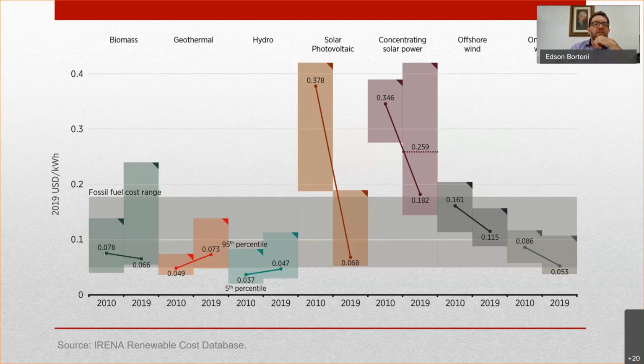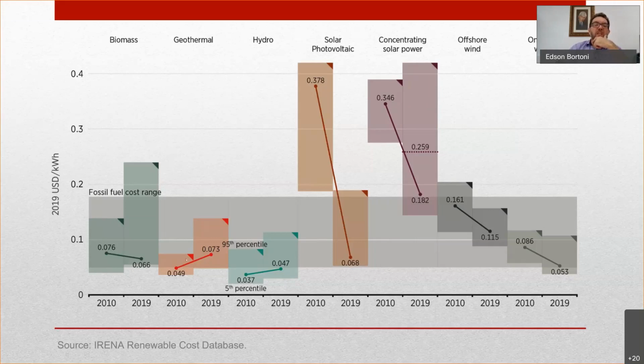Here is the average value, but it can vary from the minimum to the maximum. The average value is 0.076 dollar per kilowatt hour, or you can say $76 per megawatt hour.